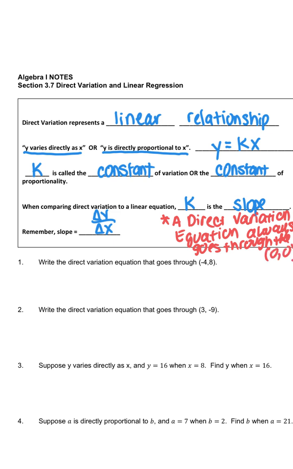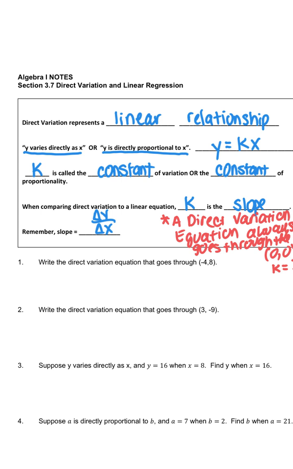So remember when we found slope, we always had to do y2 minus y1 over x2 minus x1 because we had two sets of points. Well, we are going to be given a set of points, but the other set of points will be 0, 0. So therefore, k always equals y over x because we don't have anything to subtract it from.